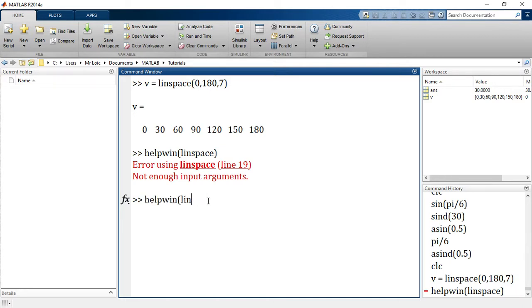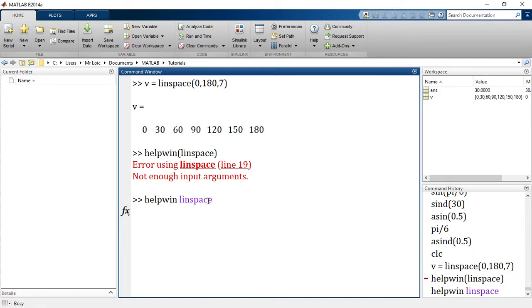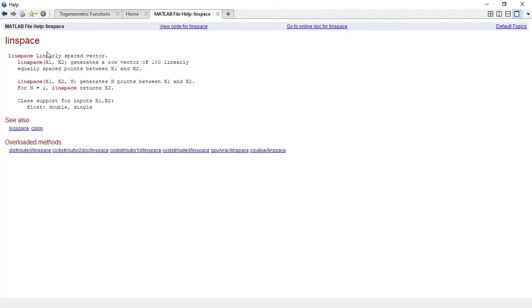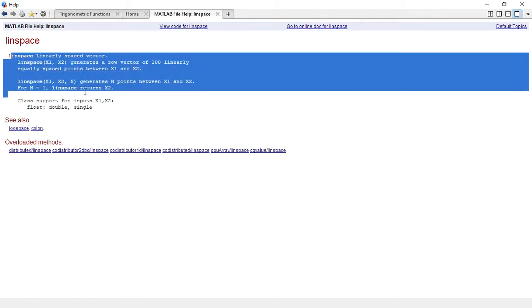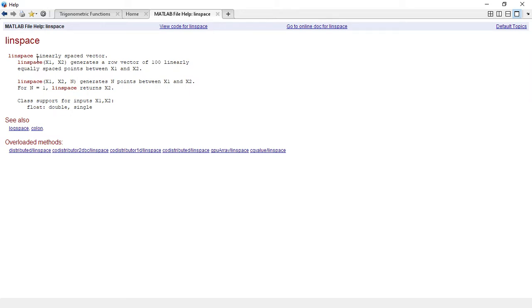If you say help linspace, it takes you to the help, and it explains what linspace does. linspace of x1, x2 generates a row vector of n points between x1 and x2. For n equal to 1, linspace returns x2. Good. You get the point.